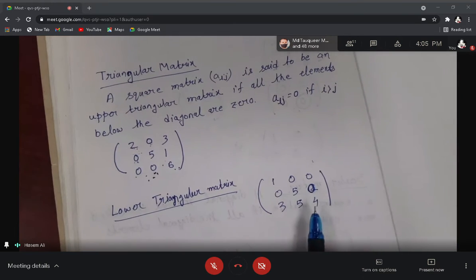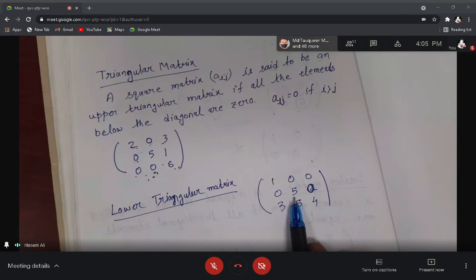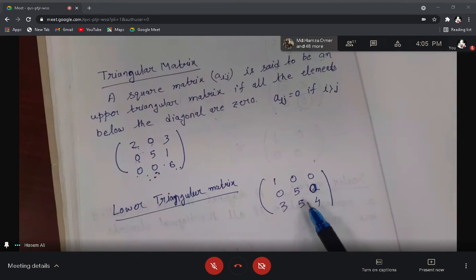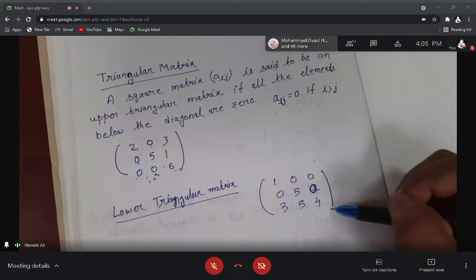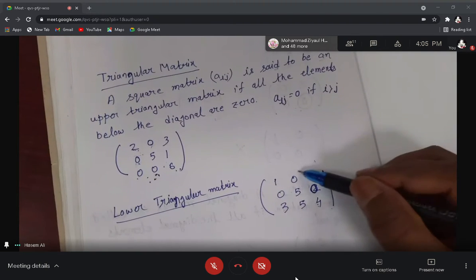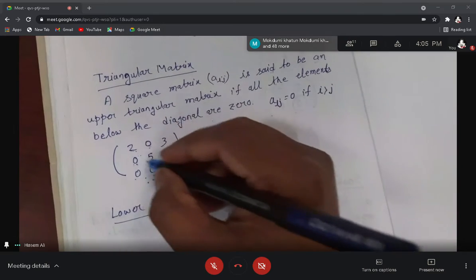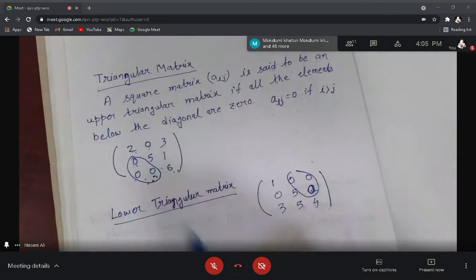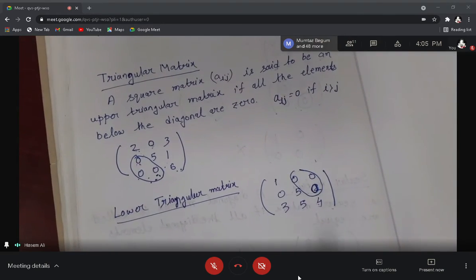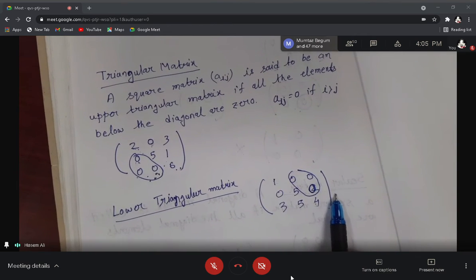This is an example of a lower triangular matrix. The diagonal is 1, 2, 4, and all the elements above the diagonal are 0. So this is called a lower triangular matrix.